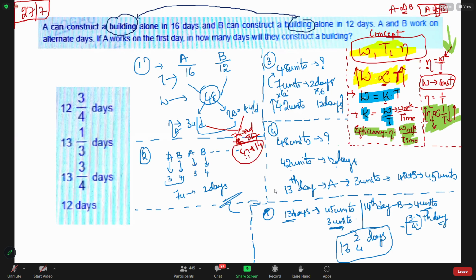So I just need 1 unit less, which is very close to 14 days. What is the closest to 14 days I can get? Only 13 3 by 4. So I'll mark the answer and not do the rest. If I were you during the exam, that is how I would do it. This is the shortest shortcut I remember, but maybe I can also get one more with the concept involved in that. I'll get to you.